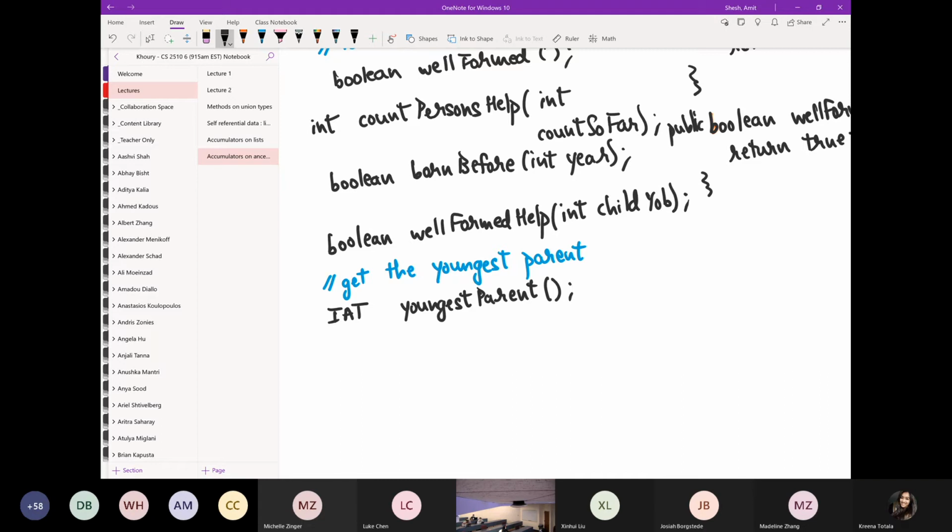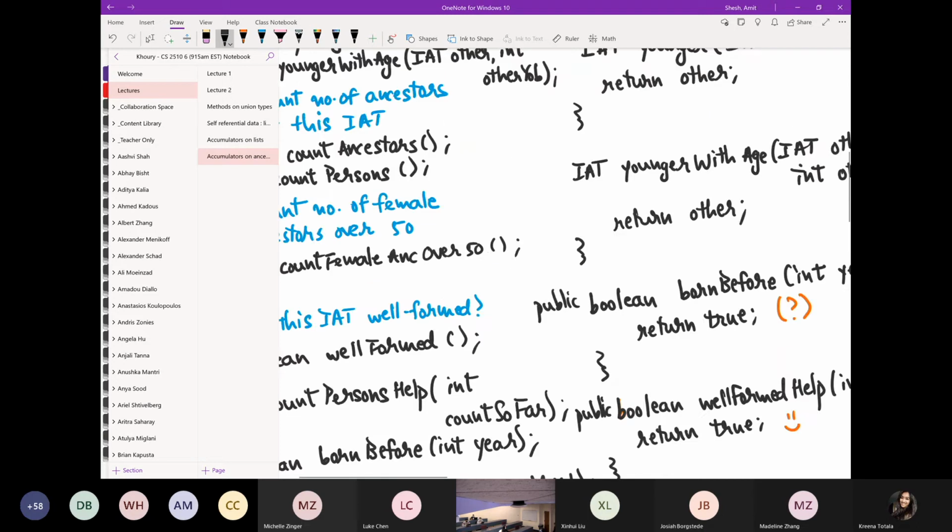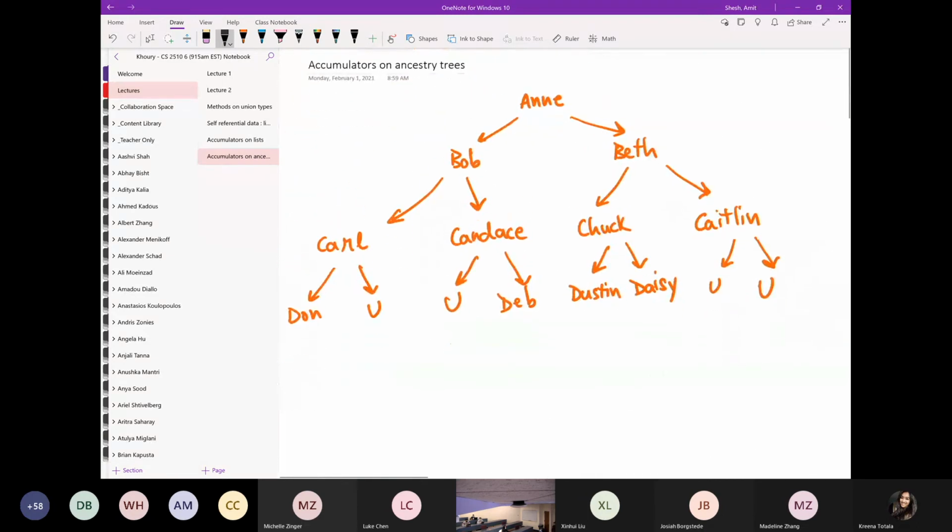Given this IAT, I want to return the youngest parent of this IAT. So if I call it on Anne, and these are the years of birth, then if I call this method on Anne, I expect it to return that.